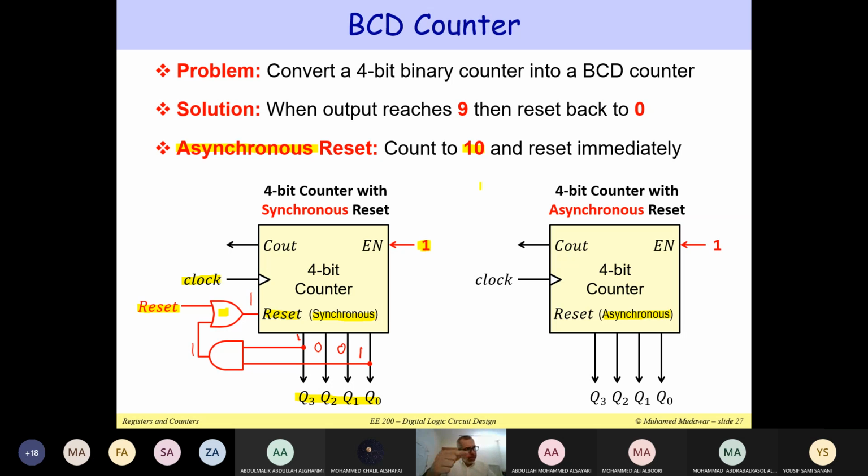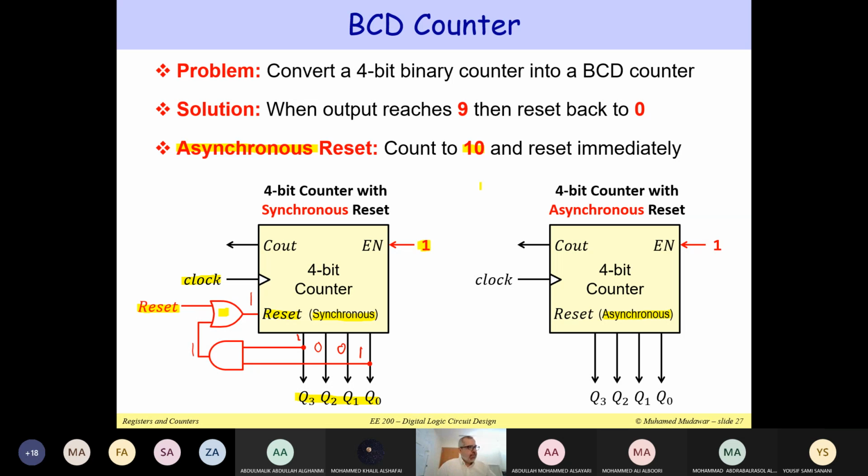It will jump to 10 and then 0 at the same time, in the same cycle. That is the idea of using asynchronous reset, because if you count to 9 and reset, the 9 will not be counted. It's not really a cycle. You need to count to 9, wait one cycle to make it 10, and once you have detected the 10, make it 0.